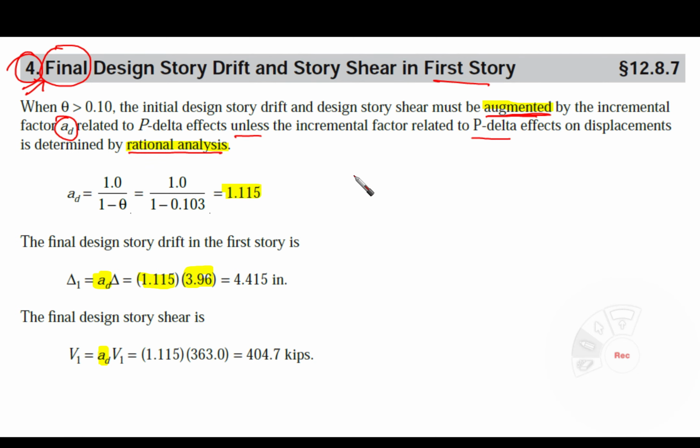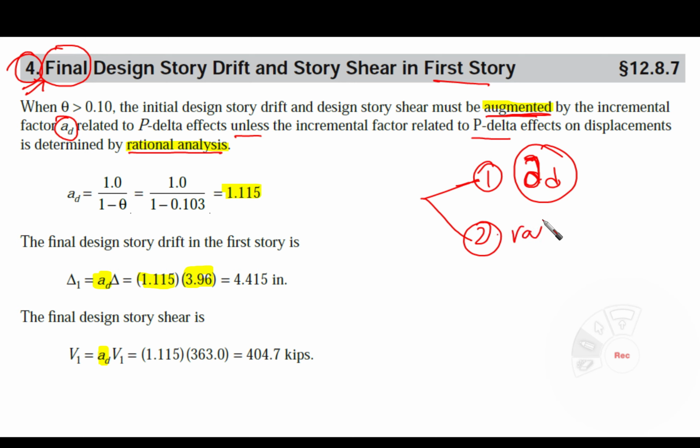Do you remember in the previous video we said that we have two approaches to take into consideration P delta? The first one is using AD, which is the augmentation factor here, or increasing the forces and the displacements using this augmentation factor. Or we can go to rational analysis.